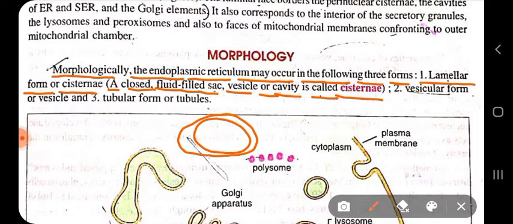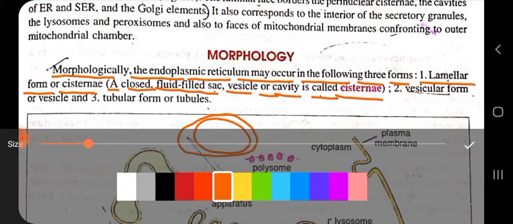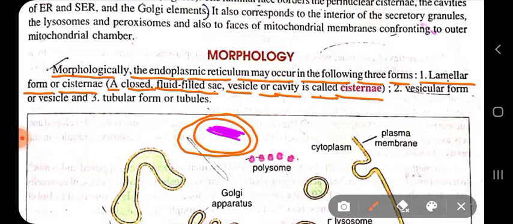So the endoplasmic reticulum can be observed in the form of cisternae, a vesicle or cavity where there may or may not be some fluid present. The second form is the vesicular form, or simply a vesicle.